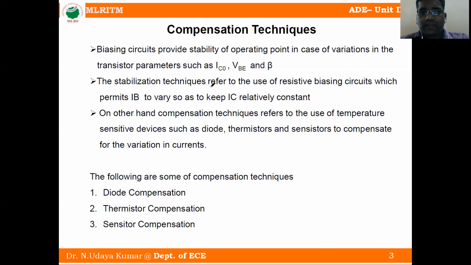Here the stabilization factor S is equal to (1 plus beta) by (1 minus beta times dou IB by dou IC). So you see that formula. In compensation techniques, we will see them one by one.